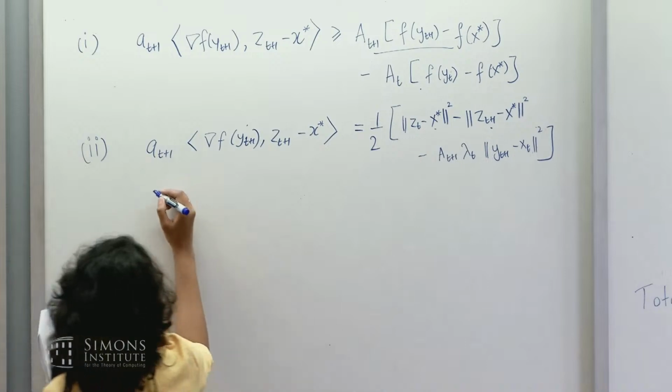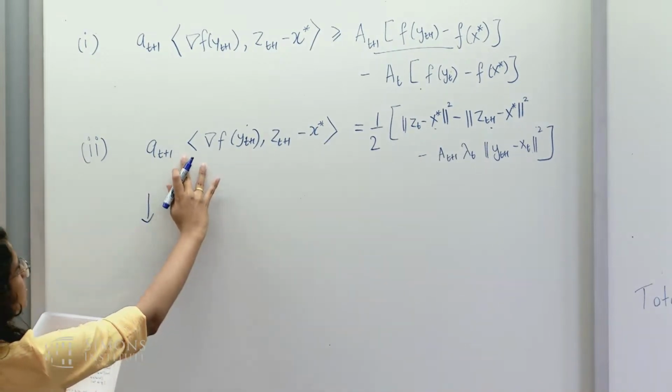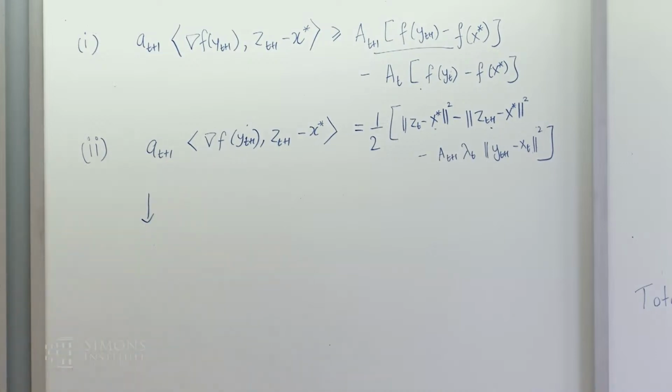An easy way to see this is, I can replace this. From optimality, you have this. And this is just z_t minus z_{t+1}.